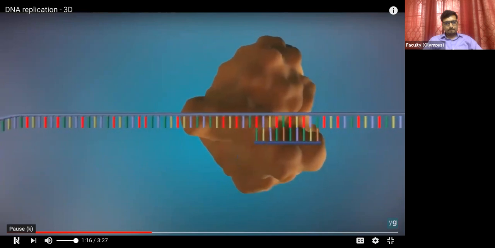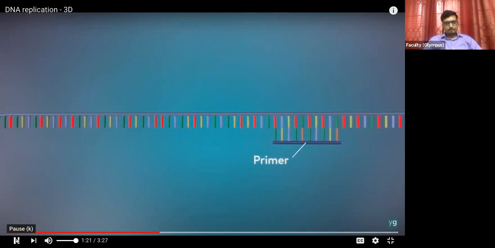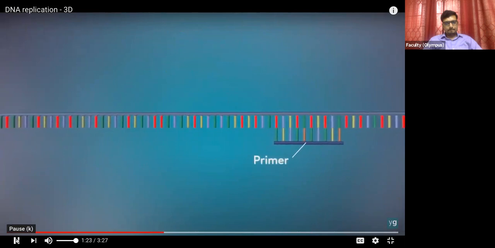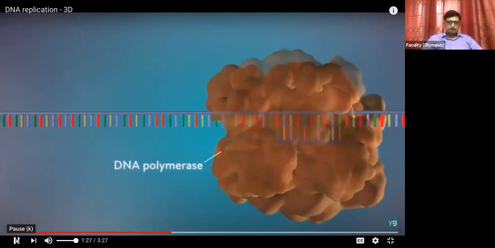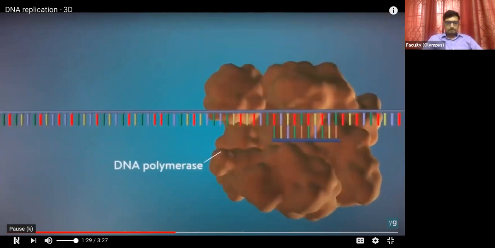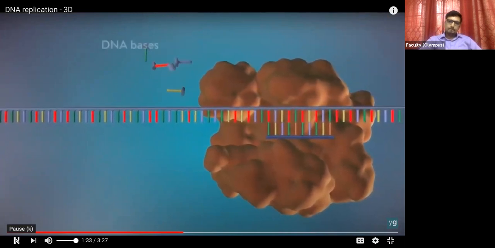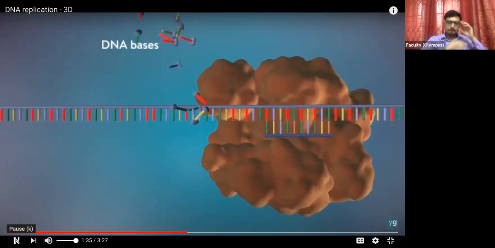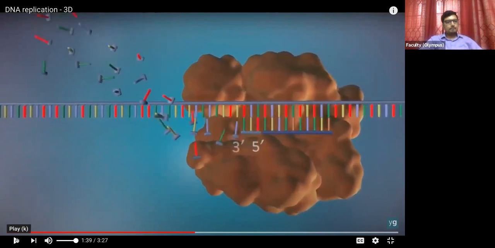This enzyme makes a small piece of RNA called a primer. This marks the starting point for the construction of the new strand of DNA. An enzyme called DNA Polymerase binds to the primer and will make the new strand of DNA. DNA polymerase can only add DNA bases in one direction, from the 5' end to the 3' end.